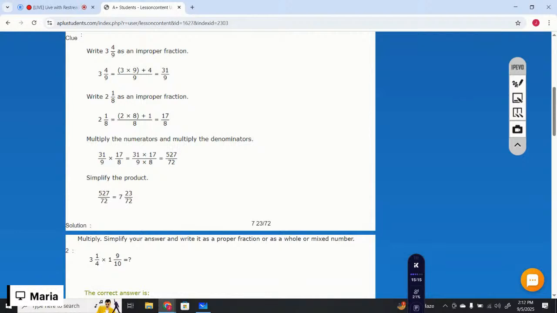So when you have to write the answer in simplified form, then that would be 7 whole 23 over 72.